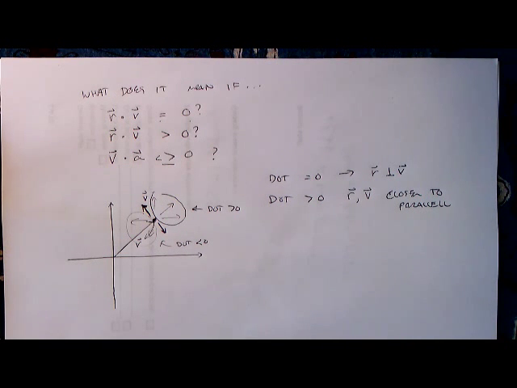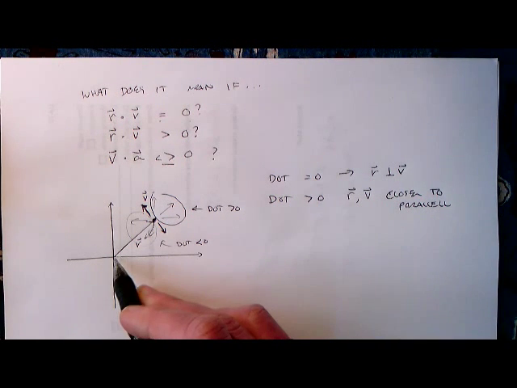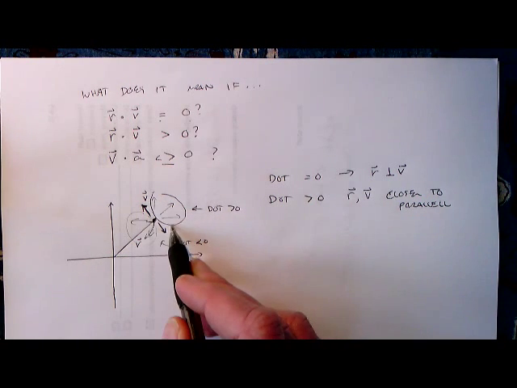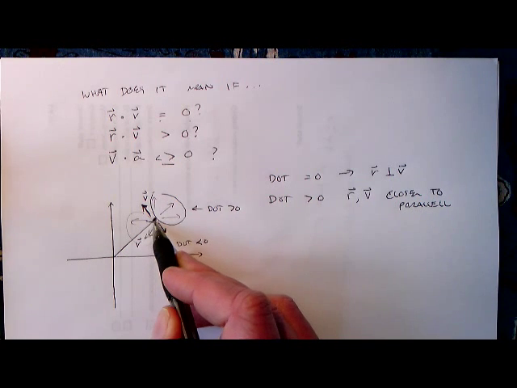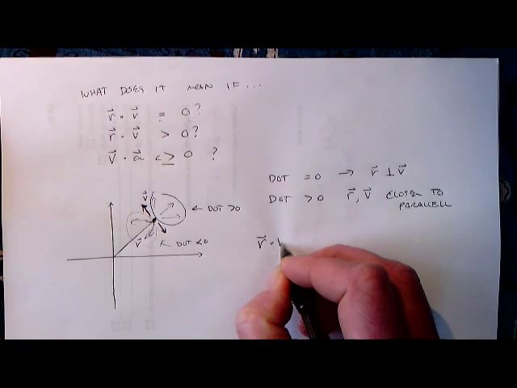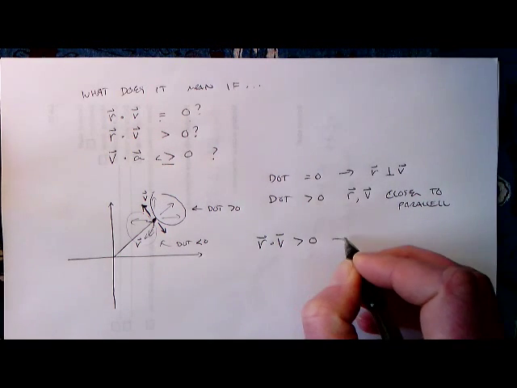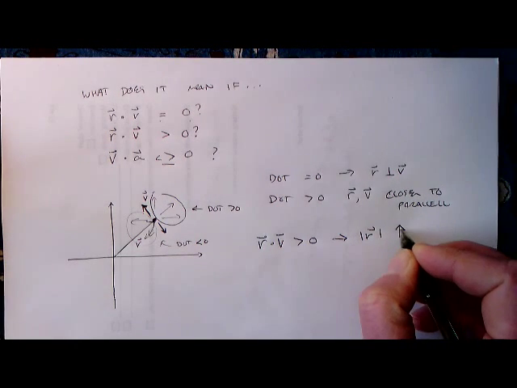But what can we say if the dot product is greater than 0? What the dot product being greater than 0 tells you is that the object is moving away from the origin. In any of these cases where the dot product is greater than 0, this point is going to be getting further away from the origin. In fact, r dot v greater than 0 implies that the magnitude of r is increasing.